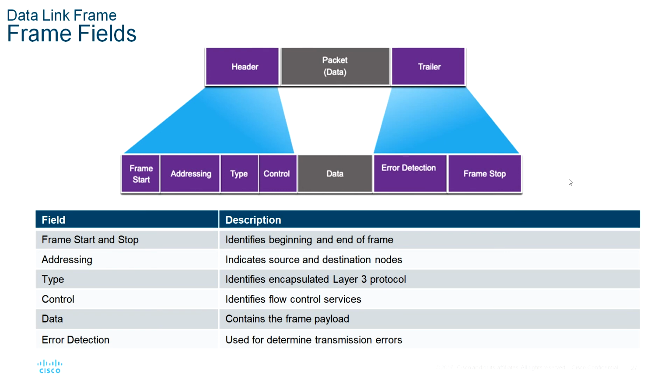Frame fields include the following: frame start and stop indicator flags are used to identify the beginning and end limits of the frame. Addressing indicates the source and destination nodes on the media. Type identifies the layer 3 protocol in the data field. Control identifies special flow control services such as quality of service, QoS.